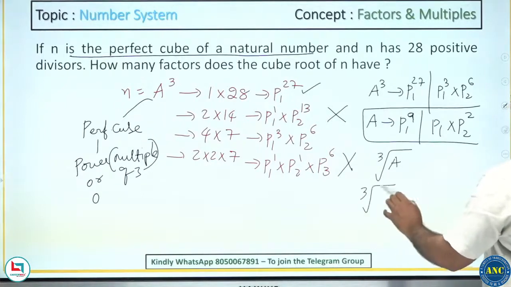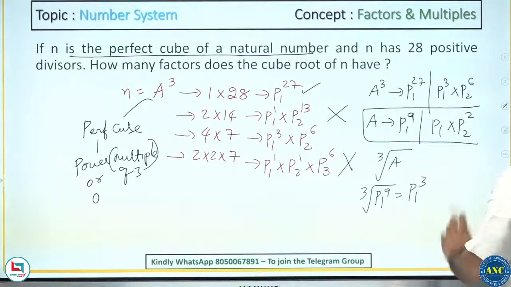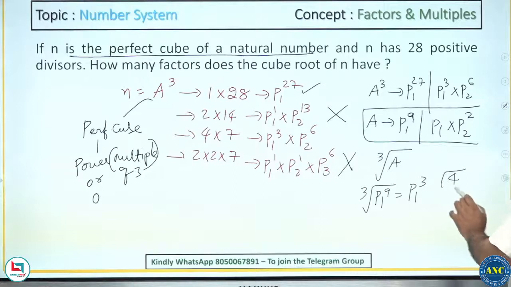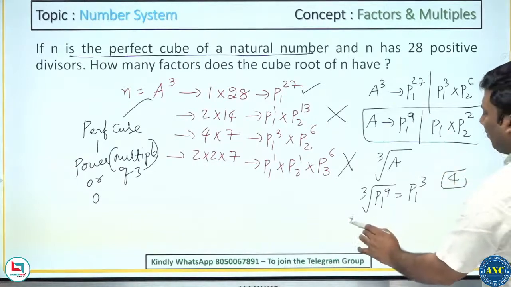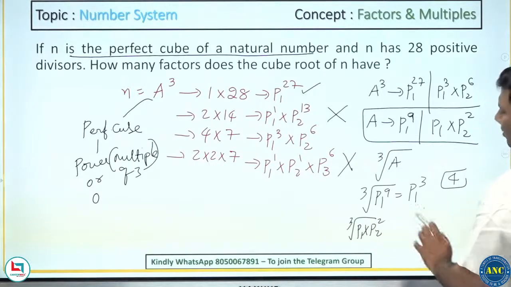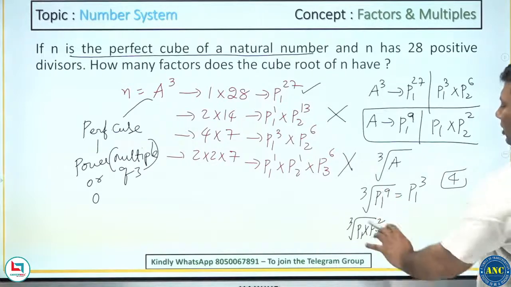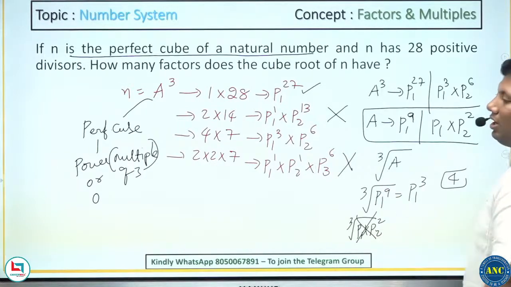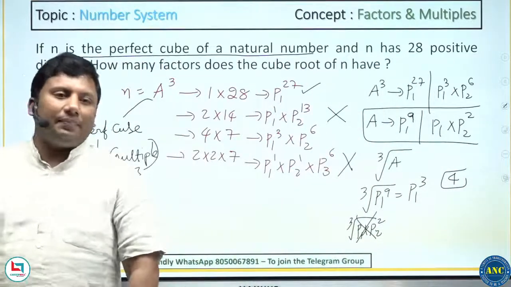Cube root of P1 power 9 will be P1 power 3, so it will have 4 factors. Now if you see here, the cube root of P1 into P2 square, if I am finding the cube root, power should be of the form 3k. I hope the idea is clear.